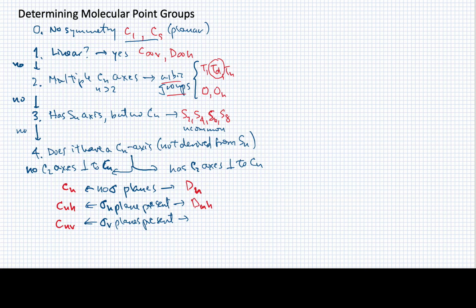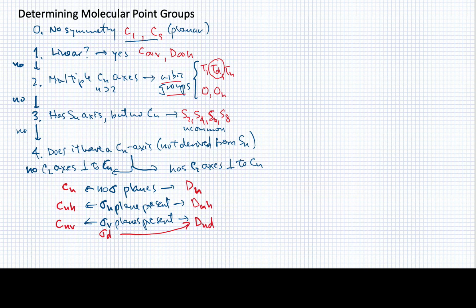If it does have C2 axes, then these actually will be sigma d planes, and the designation for the point group would be D sub nd. All right, so this gives us a nice rundown for how we can narrow things down and get to a point group that designates the symmetry of the molecule.